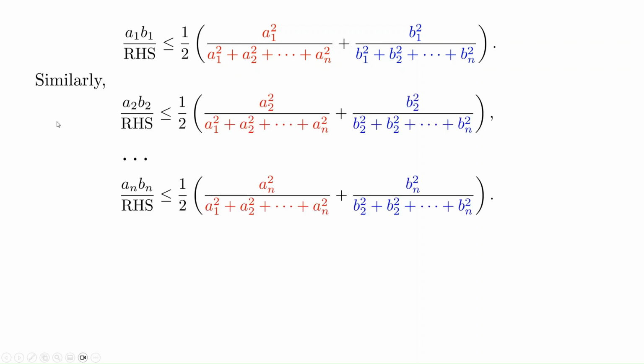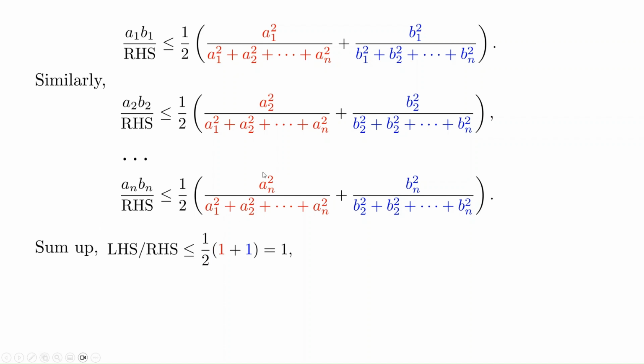We can similarly establish estimates for the other terms on the left-hand side divided by the right-hand side: a2b2 divided by the right-hand side, up to anbn divided by the right-hand side. Sum up all the inequalities.